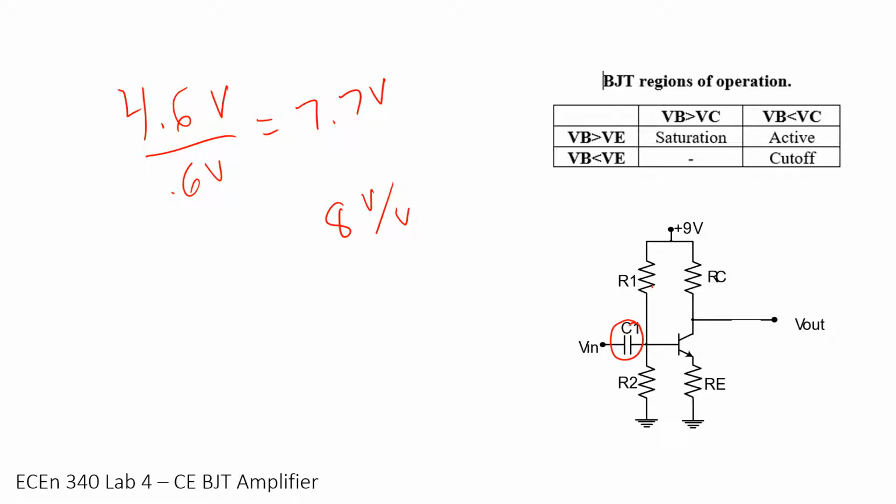If you're making all this effort to bias it, meaning you're trying to get the DC level here to be just the right value so the current comes through and gives you just the right DC value here, so you're centered between your rails and avoiding distortion, and you don't have this capacitor on here, whatever you apply as your input is going to affect this DC bias and mess it up. So this capacitor helps you isolate the DC bias that you're establishing from your input signal, whatever your input is.